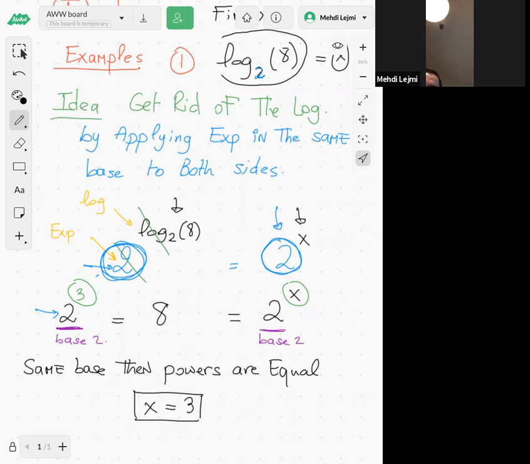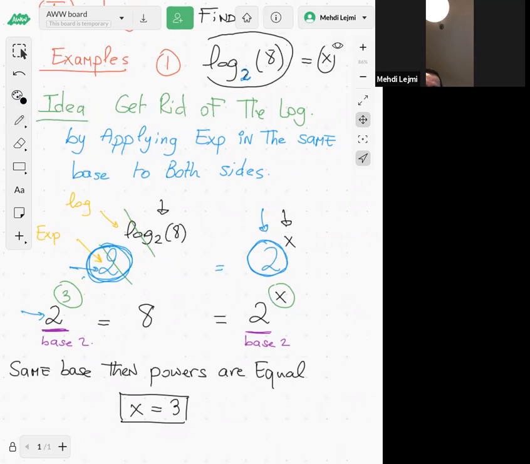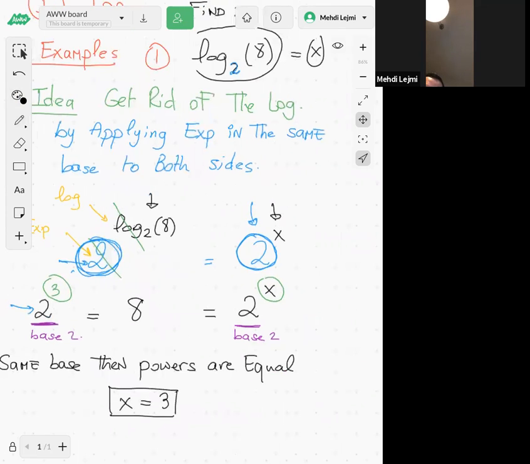My equation was log in base 2 of 8 equal to x. So on the left side I put the left side of my equation, and here I put the right side of the equation, which is just x. Those are the powers of your exponential, and of course I took exponential in base 2 because the base of the log is 2. The exponential and the log must have the same base.